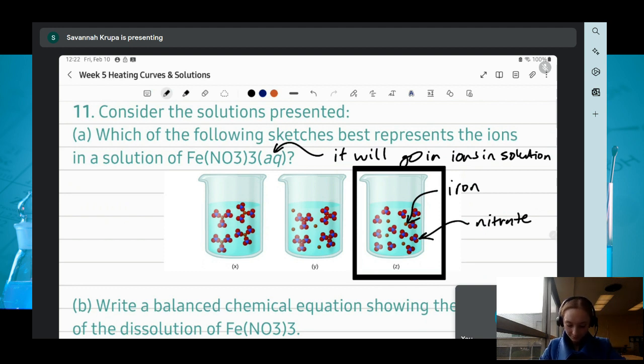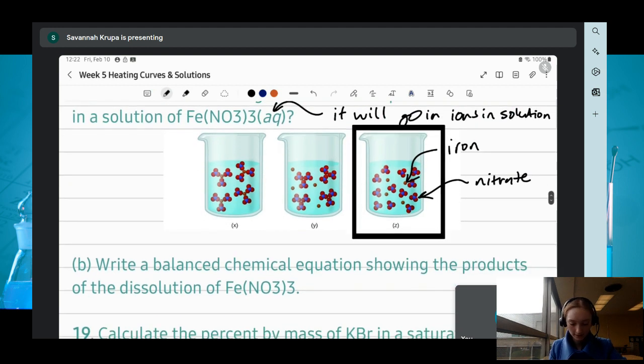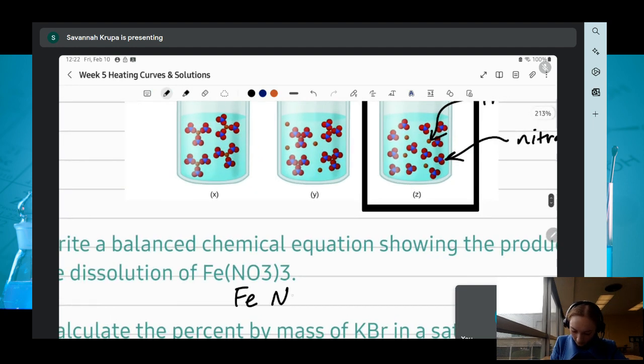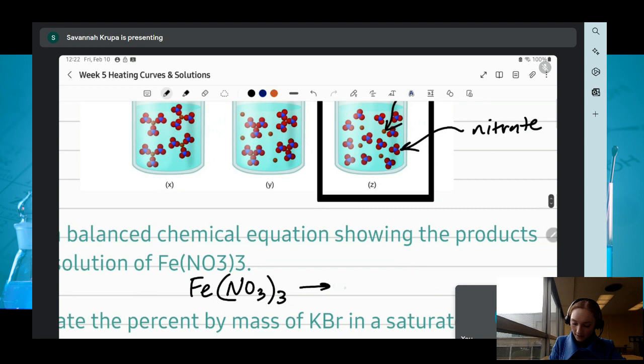Okay. And now it says, write a balanced chemical equation showing the products of the dissolution of iron nitrate. So we will first start off with the iron nitrate, because that is the first thing that we have. And like I was saying, it is going to be aqueous and it'll be in its ionic form, or ions, in this solution. So what will happen is we will have an iron by itself as 3 plus.